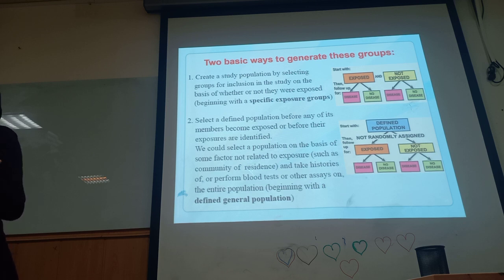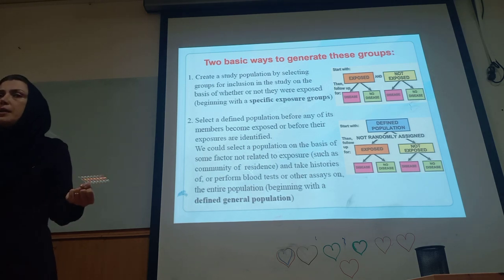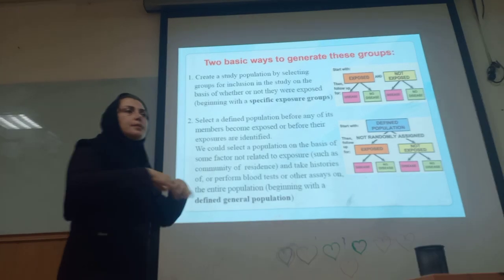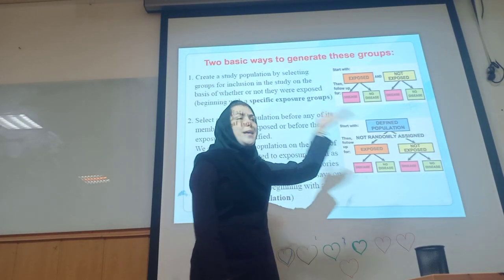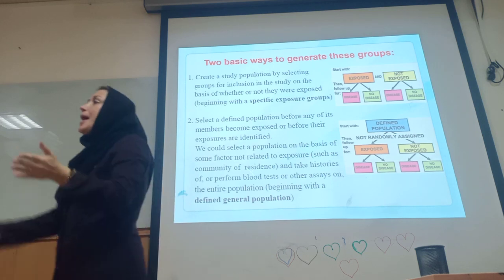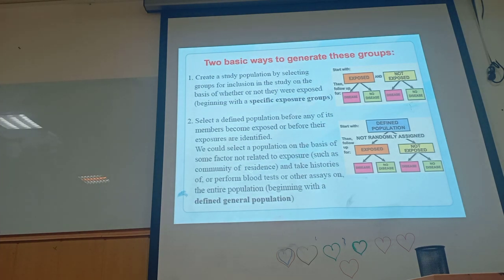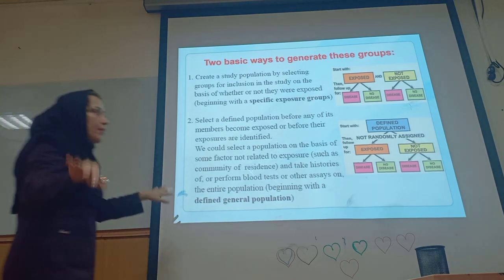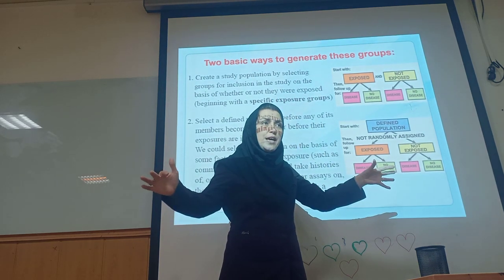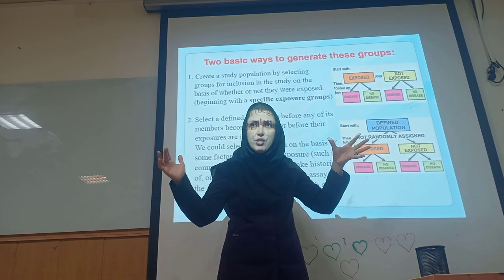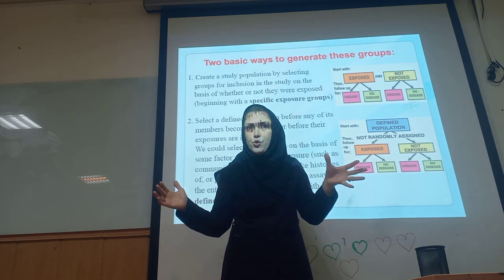So it is not necessary to firstly select exposed and unexposed. I will select a population as a whole, for example, 1,000 population, and after that, I can ask them if you are a smoker or not. And after a while, I can separate them into different categories based on the situation of exposure.